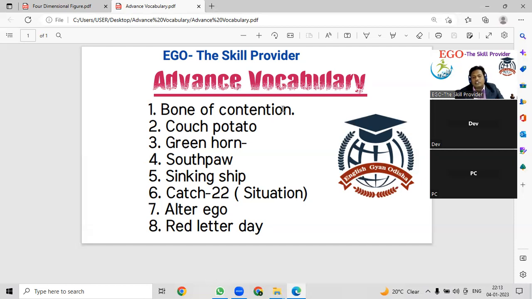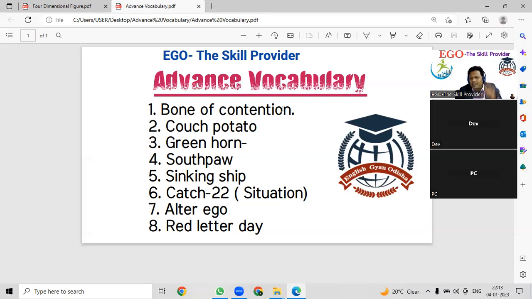And the fourth one is called southpaw, not pow, southpaw. So the pronunciation will be southpaw. So what do you mean by southpaw? Before that, let me tell you, sir, we have 2 hands, right? We have 2 hands and we are doing a lot of things. If you ask me, I use my right hand a lot.